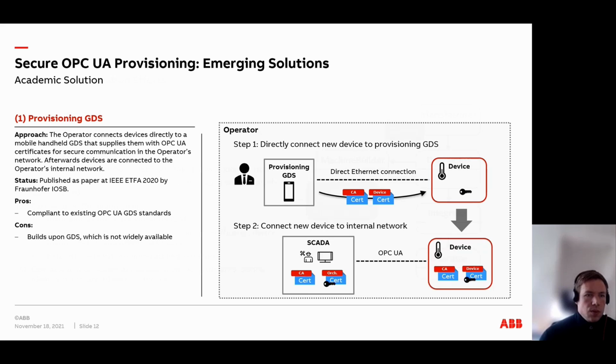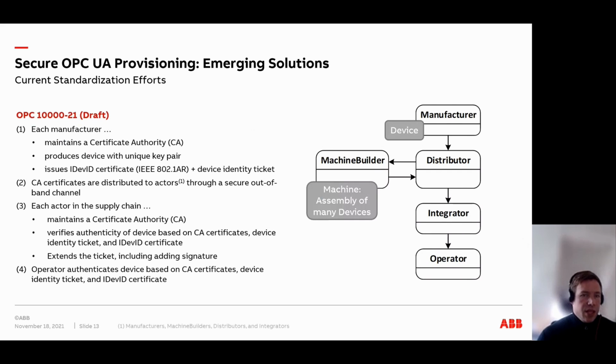So now to the next technique, which actually comes from the OPC Foundation itself. It's the OPC 10021 draft, in whose standardization we from ABB are also involved. The idea is that you produce devices with onboarding certificates that are used by customers to authenticate the device later on, at their operator.